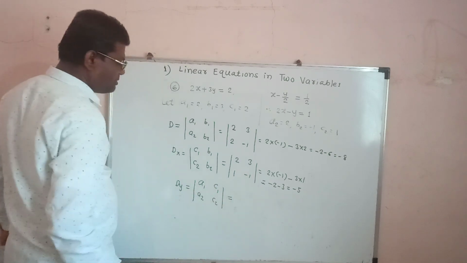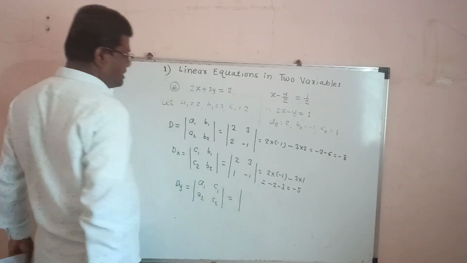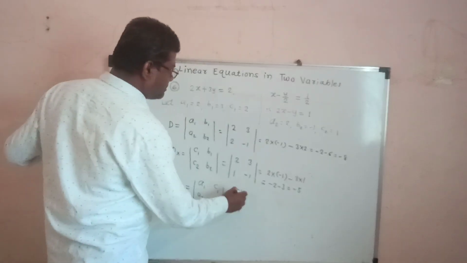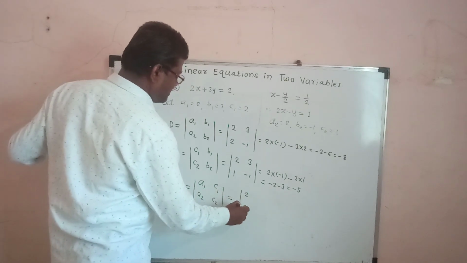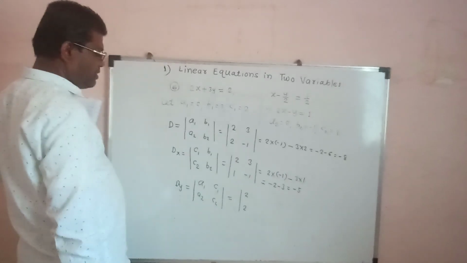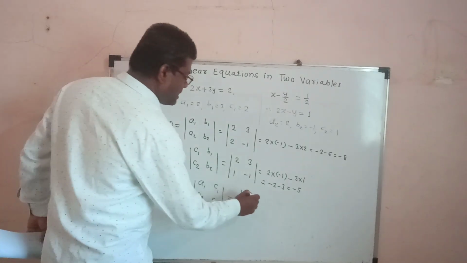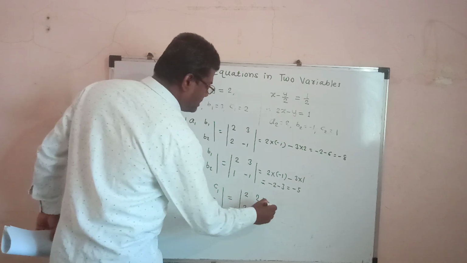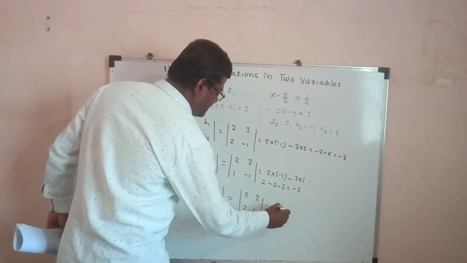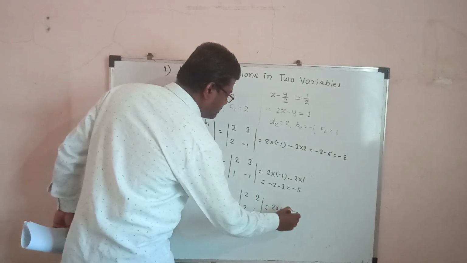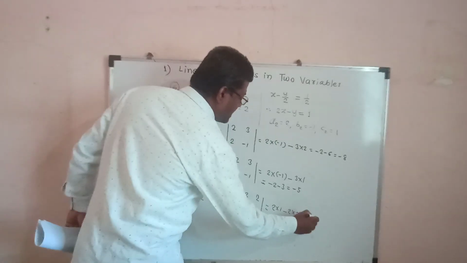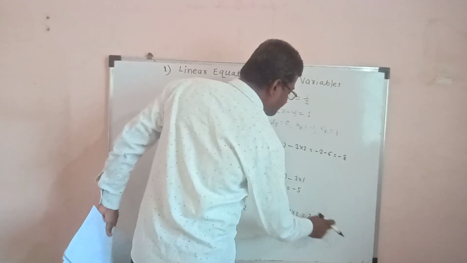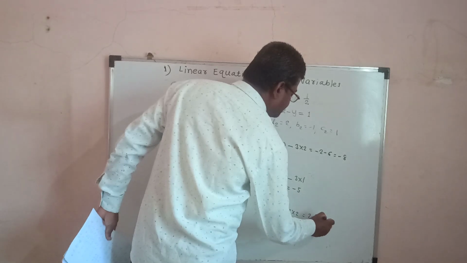So in the determinant, value of a1 is 2, value of a2 is 2, value of c1 is 2 and value of c2 is 1. So we have 2 into 1 minus 2 into 2, is equal to 2 minus 4, that is minus 2.